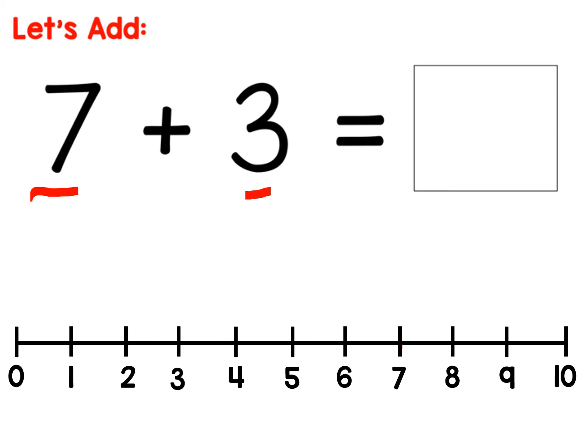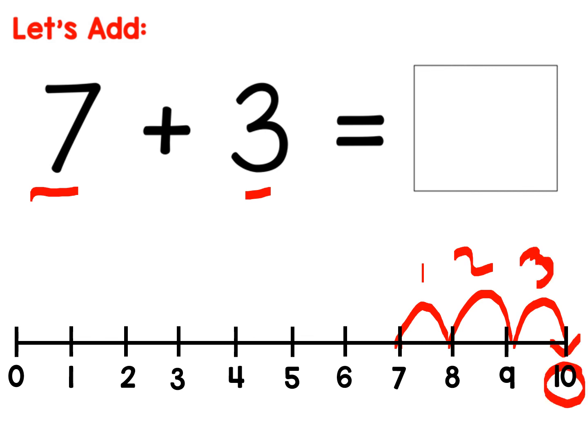It's really important that you cannot count it until you make your jump. So if I'm jumping 3, I've got to jump all the way to the next number before I can say I've done 1 hop. 2 hops, 3 hops. So my sum is 10. Great job.